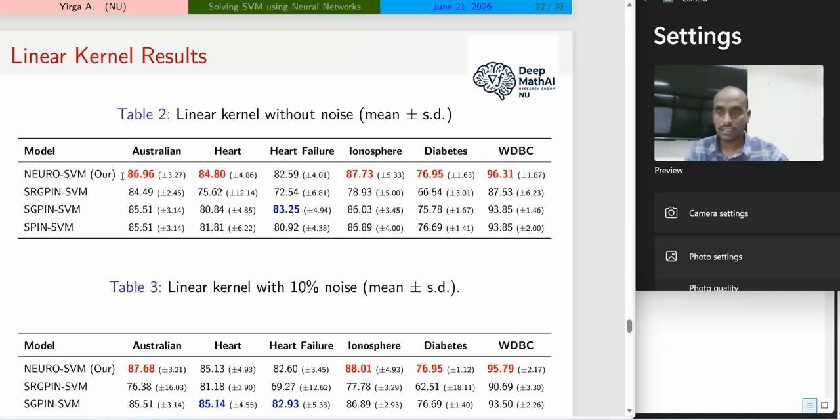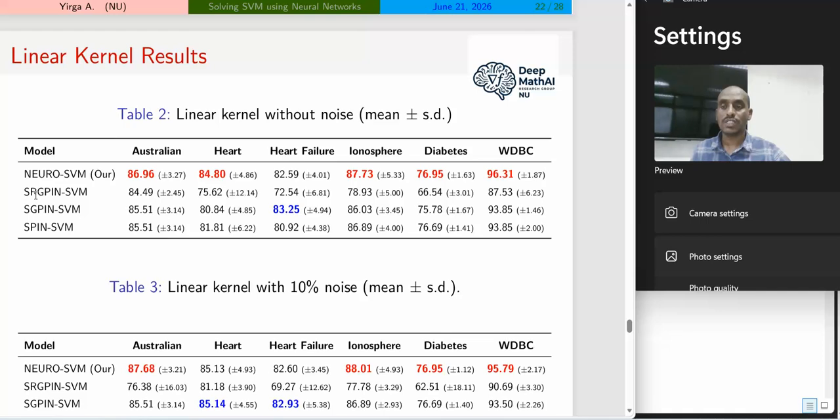We abbreviated their names like SRGP. This stands for the smooth rescaled generalized pinball loss that we discussed previously, and this one is the smooth generalized pinball loss SVM and the smooth pinball loss. These ones are the pinball family, but with different improvements.